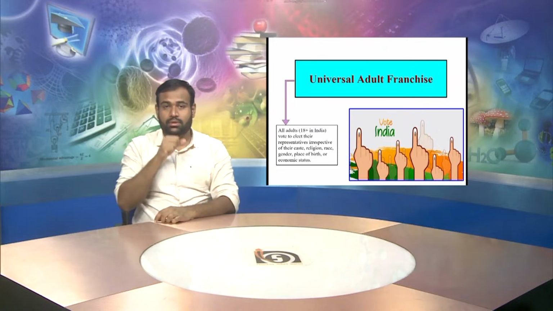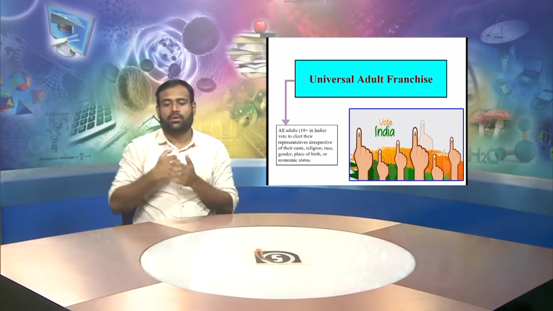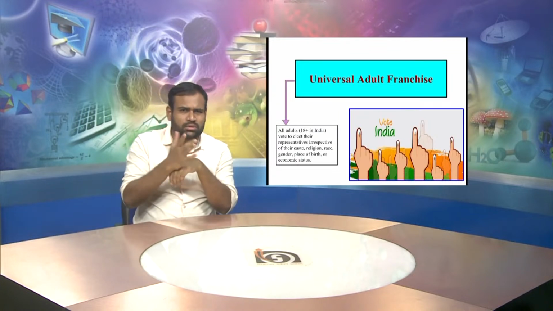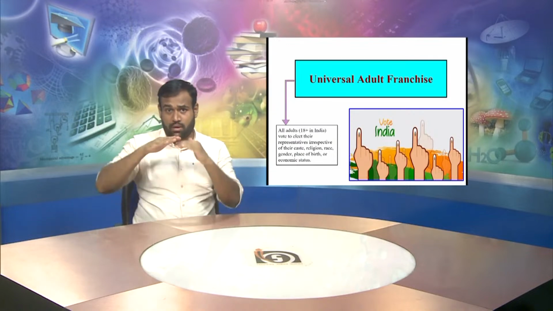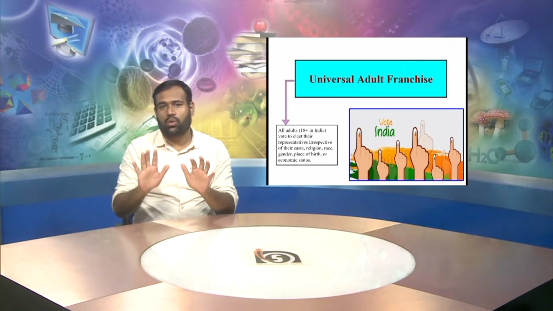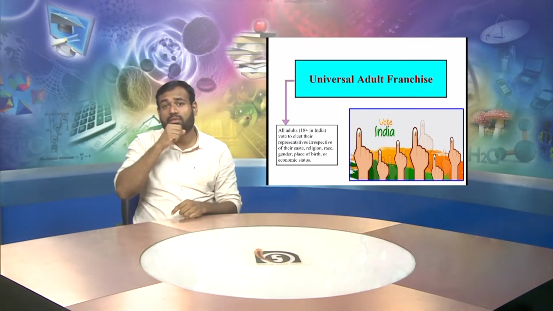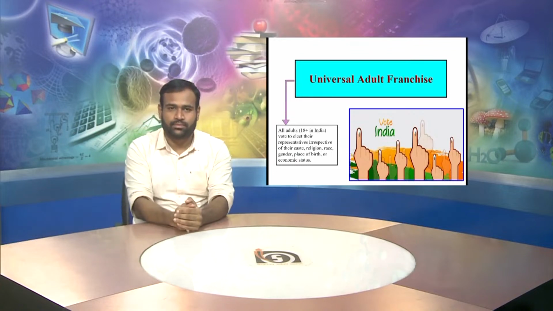Here you can see the word universal adult franchise. In India, all adults who are 18 plus can vote to elect their representatives irrespective of their caste, religion, race, gender, place of birth, or economic status.